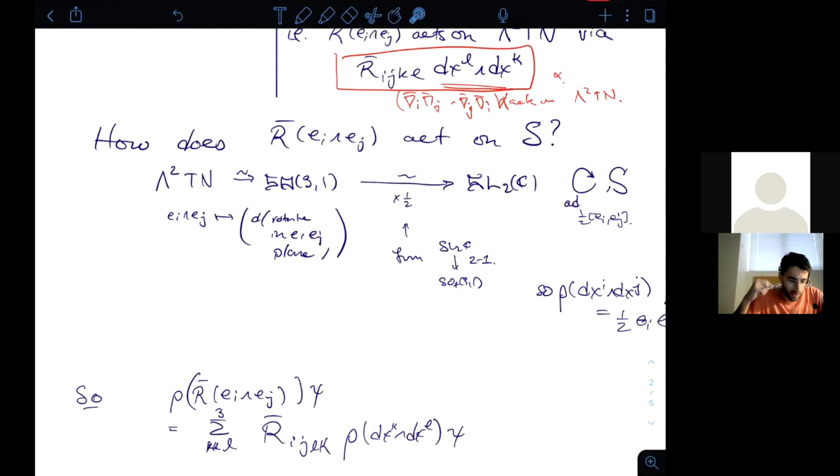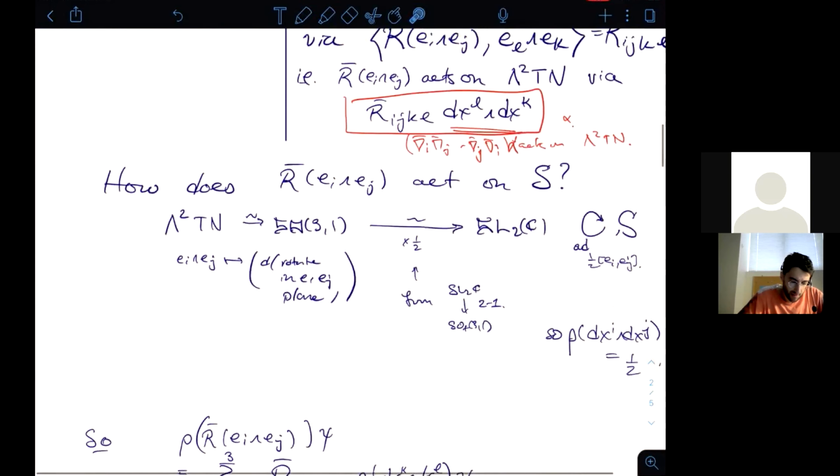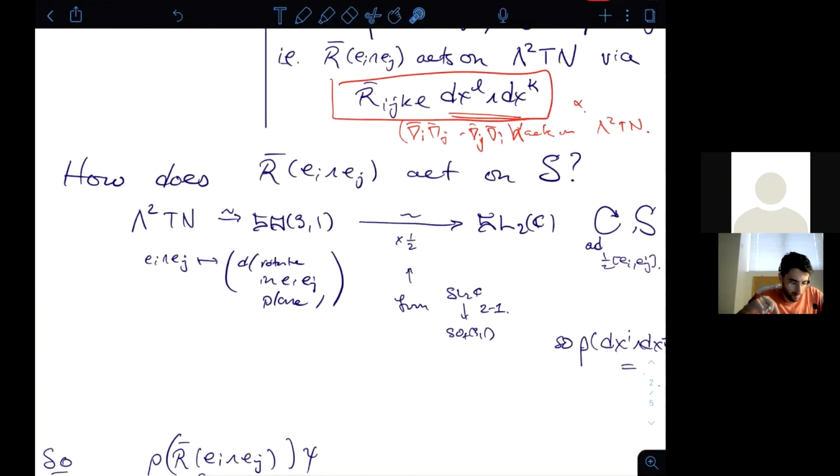All right, so let us review another few basic things. So the Lie algebra of SO(3,1) can be identified with the second exterior power of the underlying vector space. In general, you can do that.